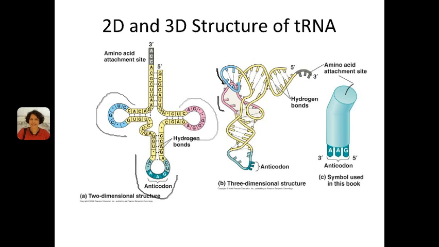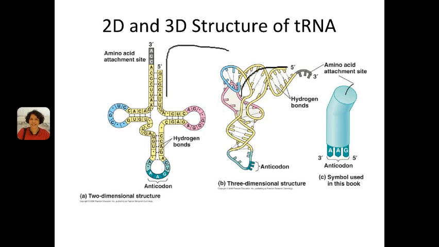If you just imagine the molecule folding so that the pink loop and the blue loop are on top of each other, and now this part is bending to the right, so you get that the amino acid attachment site ends up over here, while the anticodon ends up there. That makes it possible for the amino acid attachment site to be as far away as possible from the anticodon.